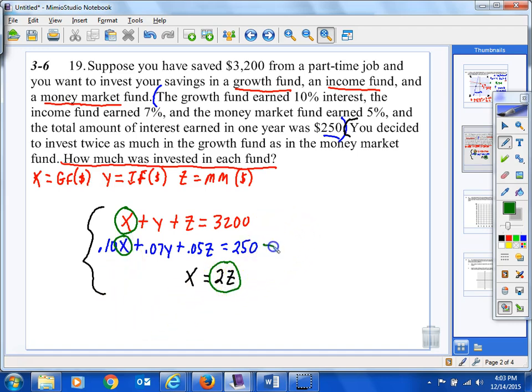See if I can squeeze that in right here beside. So just imagine that in this red equation, x became 2z. I'm just literally substituting. And I can combine like terms with the z that's already in the equation, and I get y plus 3z is 3,200.